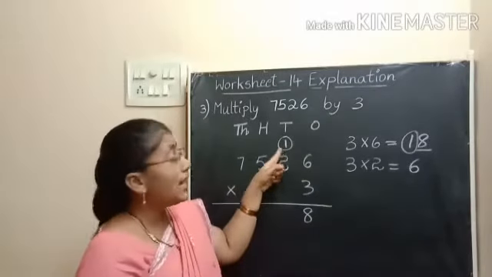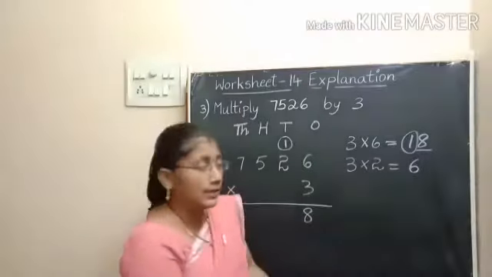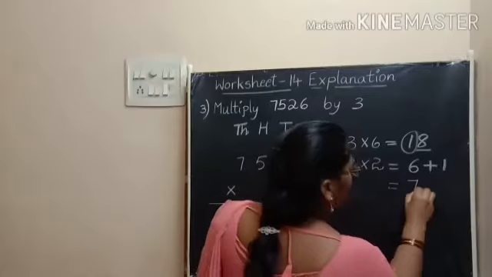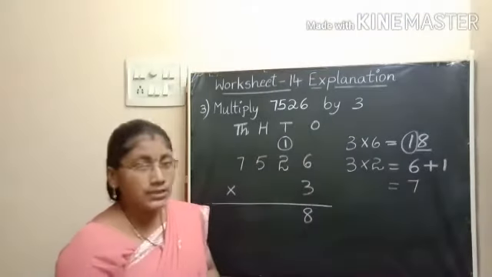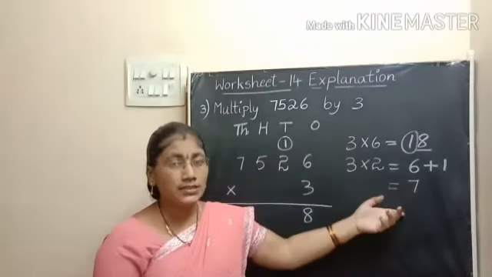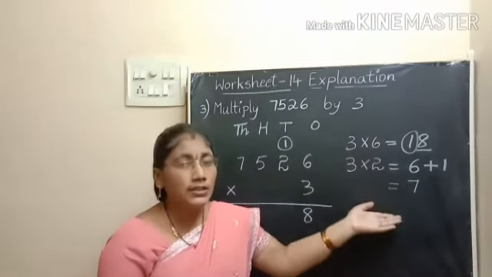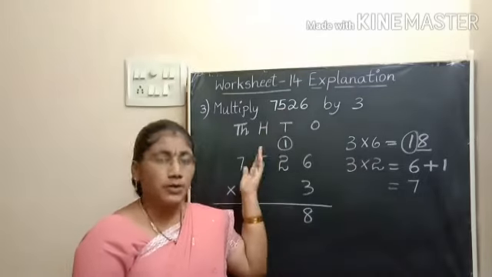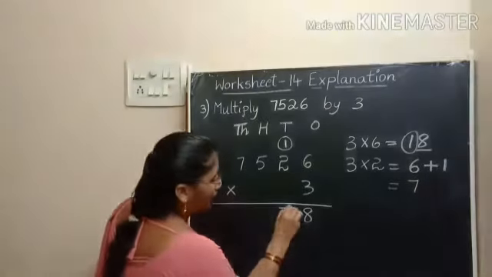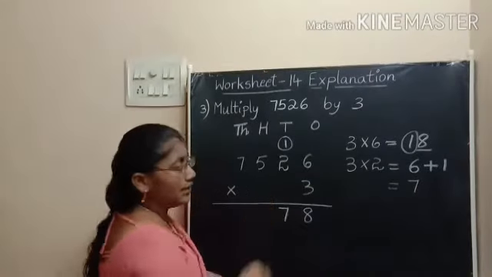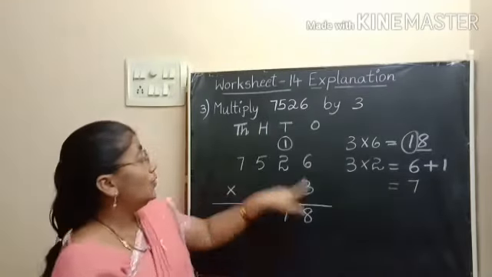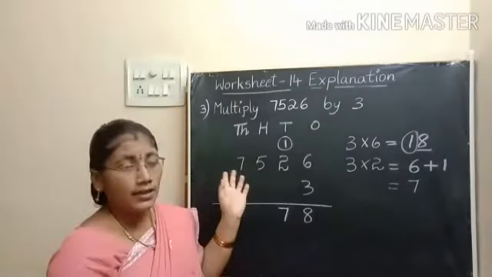Now we should add this carry to the result. So 6 plus 1. How much is it? 7. 6 plus 1 is 7. Here we get only a single digit number as a result. So there is no other digit to pass to the next place. We can write 7 as the result. There is no other digit to pass to the next place. So in the hundreds place there is no carry.